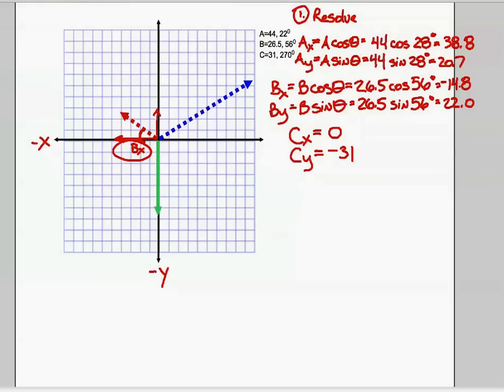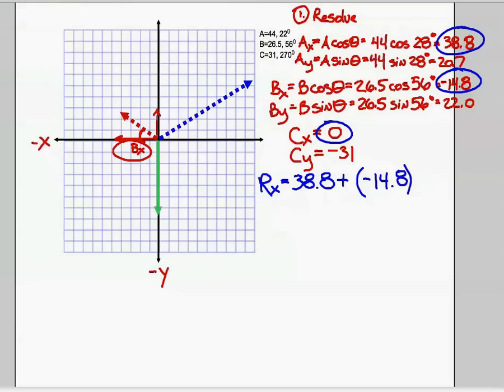Step 2 of this problem is basically finding the resultant. The x component of my resultant is simply all of these x pieces, Ax plus Bx plus Cx. So I'm going to get 38.8, and I'm going to add to it negative 14.8 units.